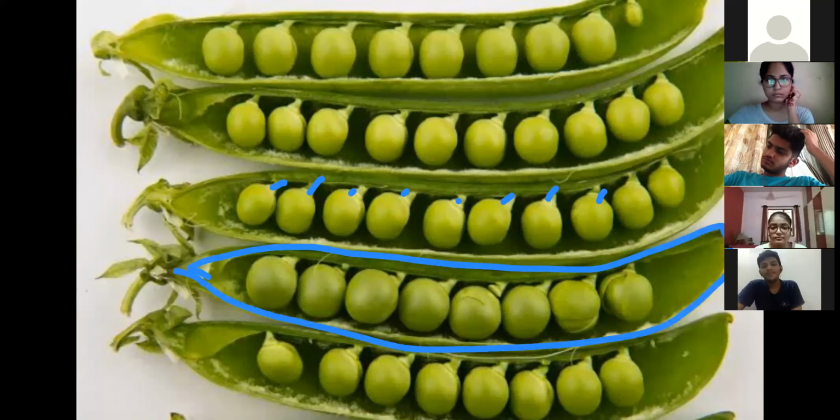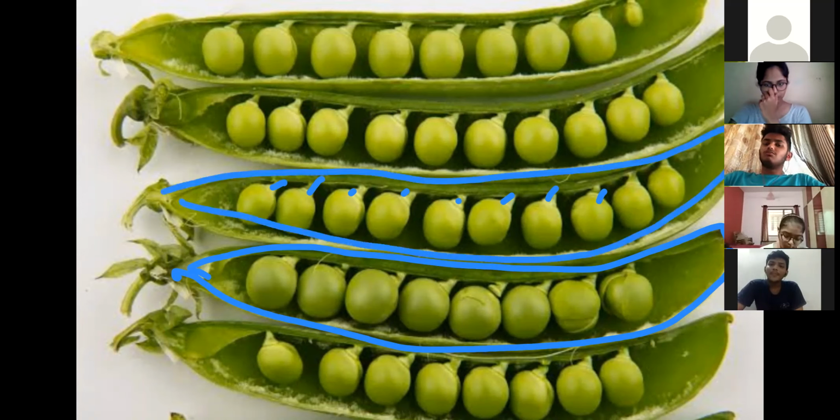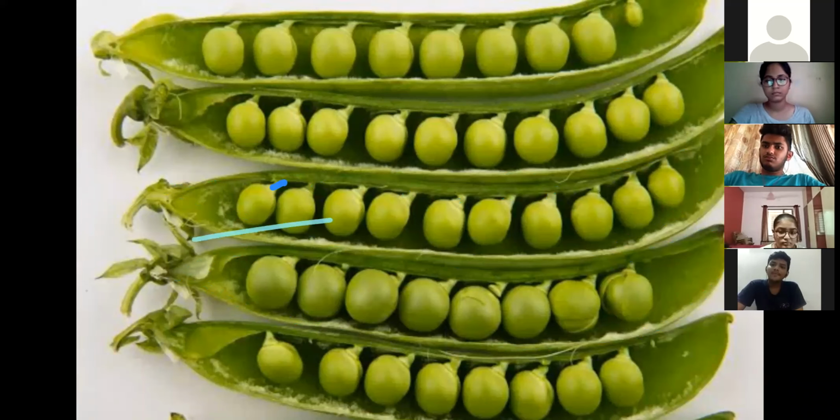Consider this before fertilization is the ovary. In ovary, many seeds are there, or single seed is there. Seed meaning what? Ultimately ovule. So consider this is the individual ovary. Now, in ovary, many seeds are there, many ovules are there.